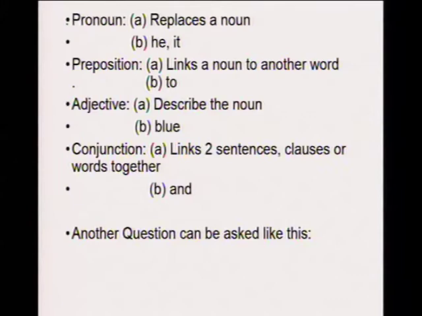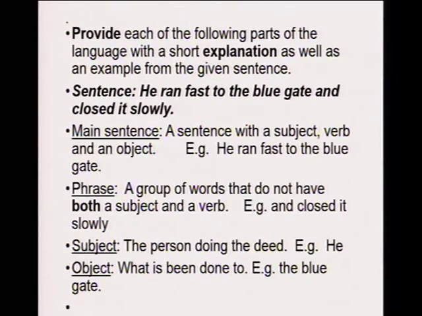Another question can be as follows. Provide each of the following parts of language with a short explanation, that's number A, as well as an example from the given sentence. Again, we have the sentence: he ran fast to the blue gate and closed it slowly. Now I'm asking you the main sentence.